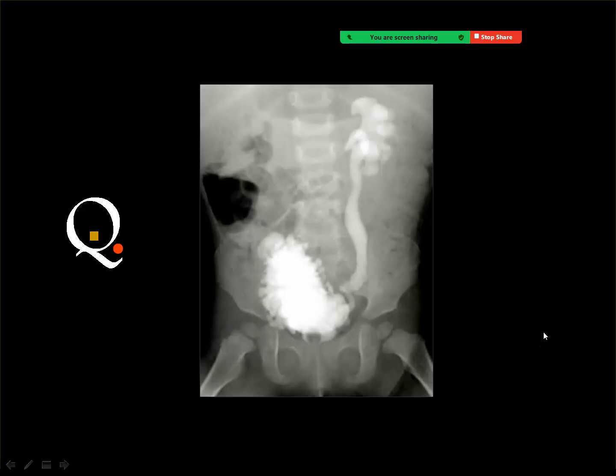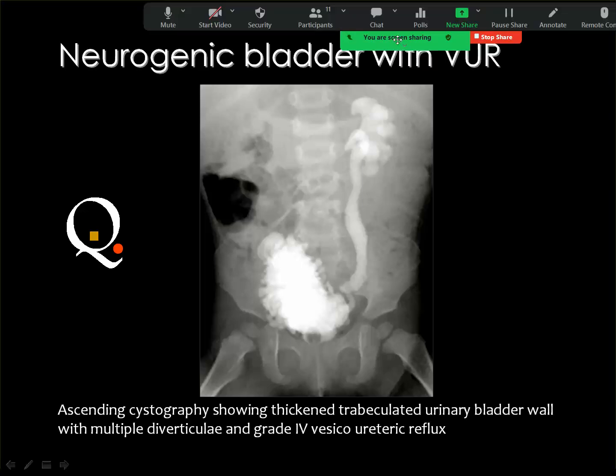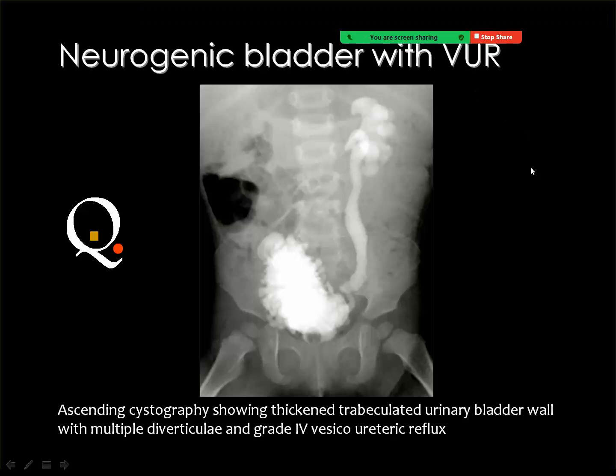Here is an ascending cystourethrography of a child, as you can see, showing the disappearance of the urinary bladder as well as the kidney. Okay, the answer has been shown.